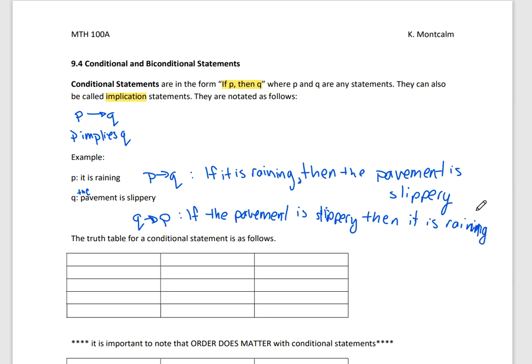You'll have a few questions on your unit test that have you translate symbolic logic back into words and words into symbolic logic. So you need to be able to go back and forth between this.